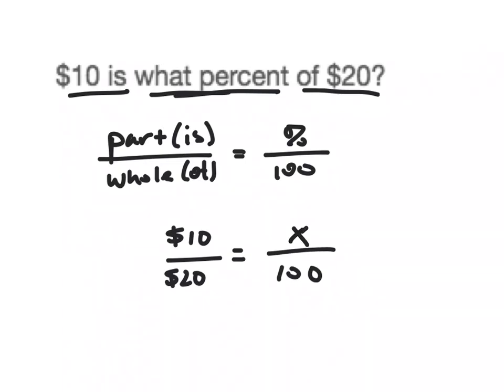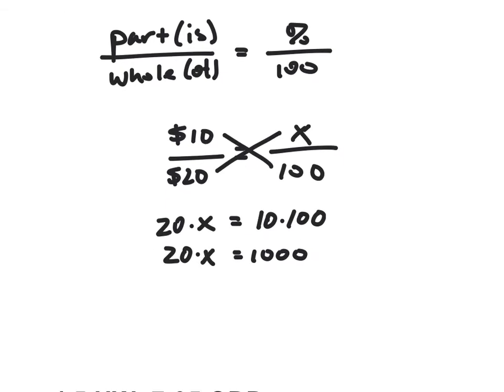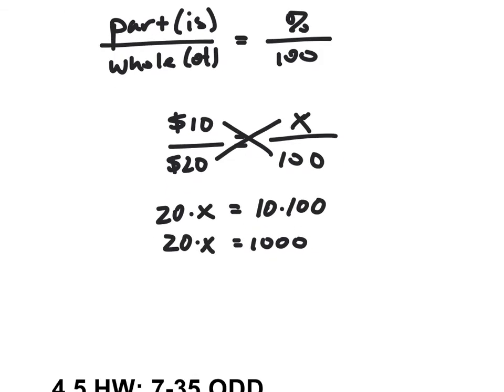Now let's cross multiply. I've got 20 times x is equal to 10 times 100, which is 1,000. If I divide both sides by 20, then x is going to give me 50. 1,000 divided by 20 is 50.